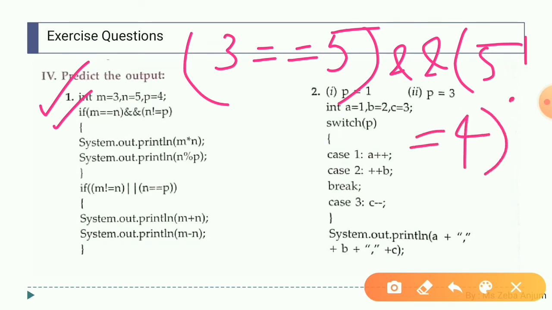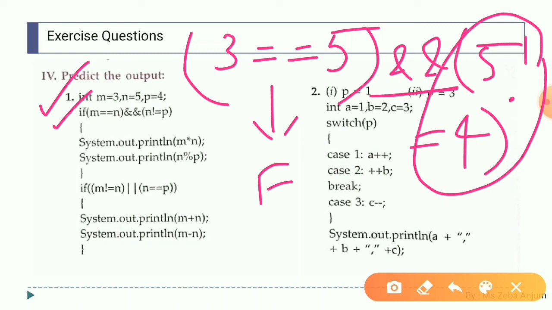So firstly check this left condition, this is false, so we are not going to see the other condition because this AND operator requires both conditions to be true. Anyhow, for this first condition is false, so your result is going to be false, so this will not be executed in any case over here.